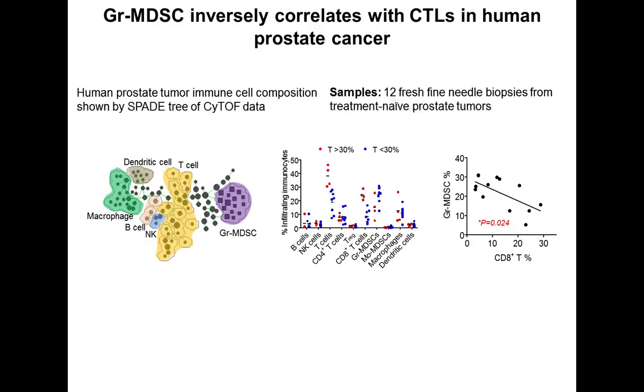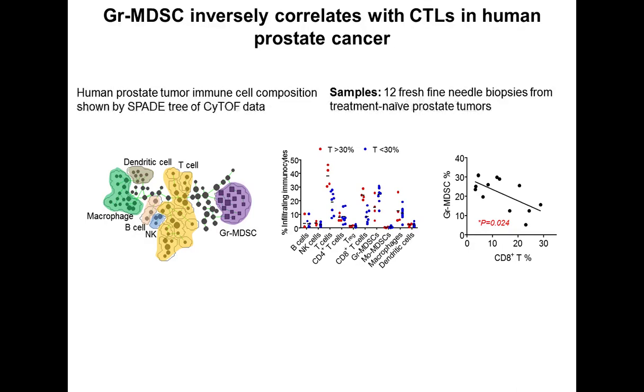So finally, we collected some clinical evidence to support that the granulocytic MDSCs, which we have a lot of in this tumor, are also relevant in human prostate cancer, and they also inversely correlate with CD8-positive T cells. These are data from fine needle biopsies, fresh tumors that come from the clinic.